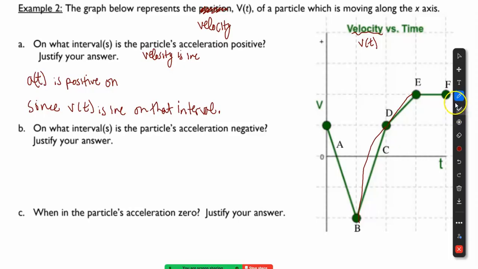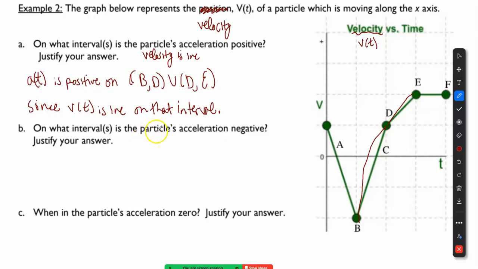So if I'm looking at the interval where the derivative of v would be positive, it'd be b to d and then d to e. So I'm looking for where the derivative or slope of v would be positive or where it would be increasing.